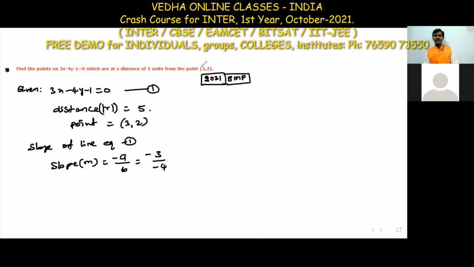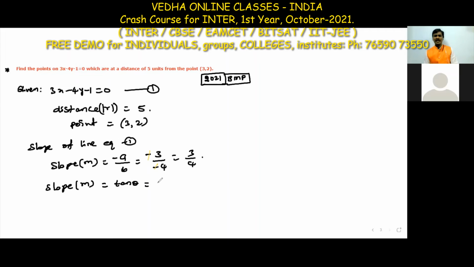If we cancel minus and minus, we get 3 by 4. Just write the 3 by 4. This is the slope. We can also find the slope by using tan theta. Slope m is also equal to tan theta.